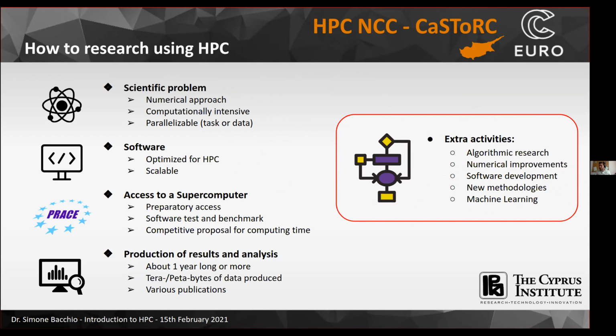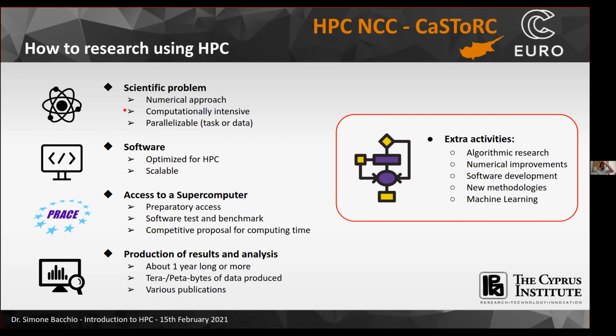Chris has asked, can we use ready-to-use simulation software in HPC like Cosmos, Fluent, etc.? Of course, as far as it's software for HPC, which means it's parallel and you can run it on the system and it's optimized, it's perfect to use the software. Actually, sometimes it's even better, because in order to gain access to the system, it's not important to have your own software. The important thing is to have a significant scientific program that will advance our knowledge.